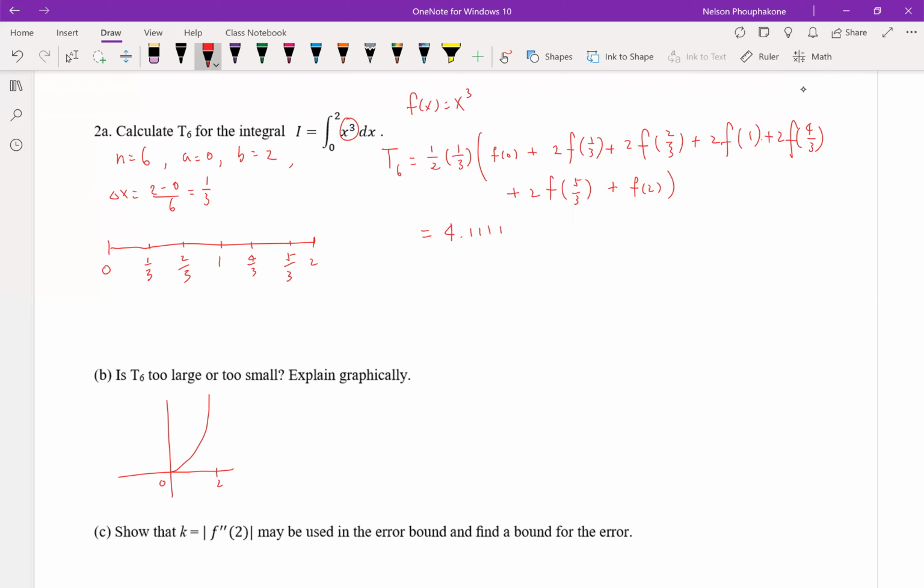Then maybe let us try to draw a couple of trapezoids, maybe just 2 of them. You will see that basically the approximation, T sub 6, is actually too large compared to the actual area, right?